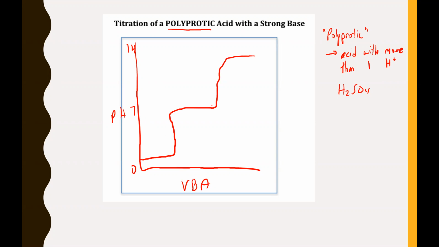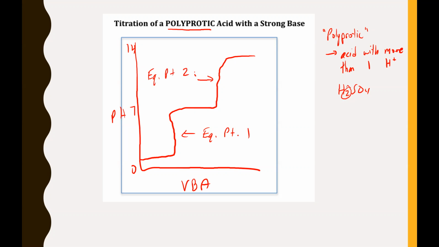It's not that this whole inner segment is your equivalence point. It's that you'll have two equivalence points because it's polyprotic. Because there were two hydrogens here, there are two equivalence points. If there was H3 something, you'd have three equivalence points, but this would be your equivalence point 1, and this would be your equivalence point 2.